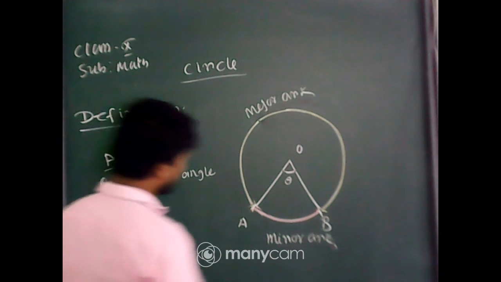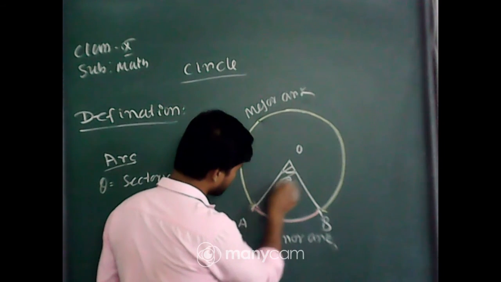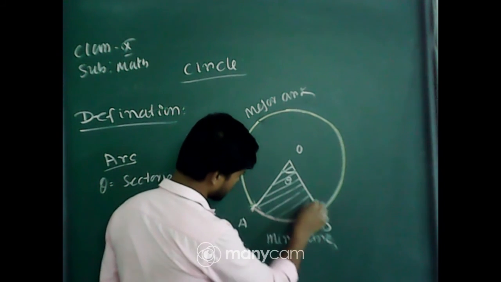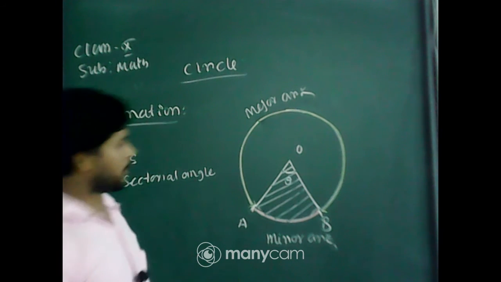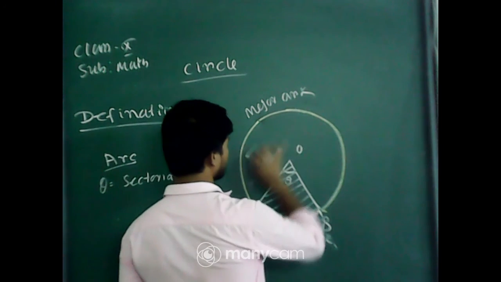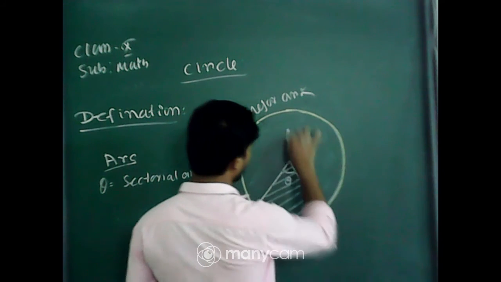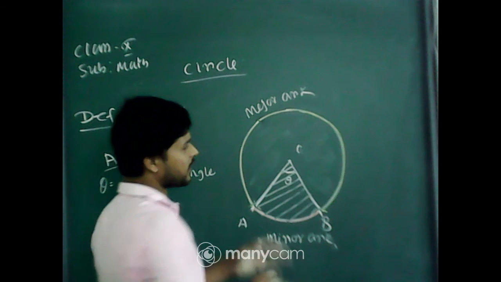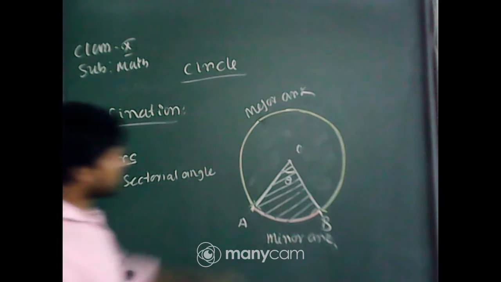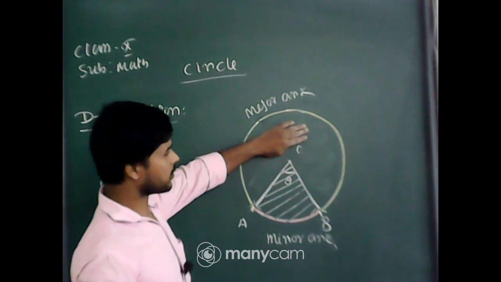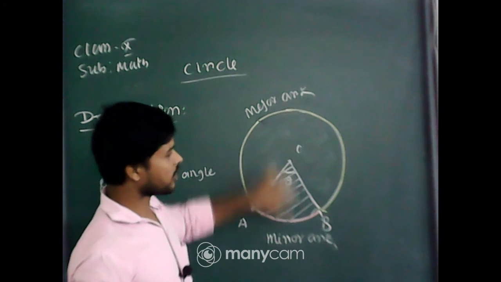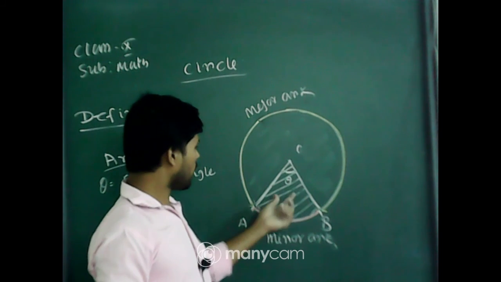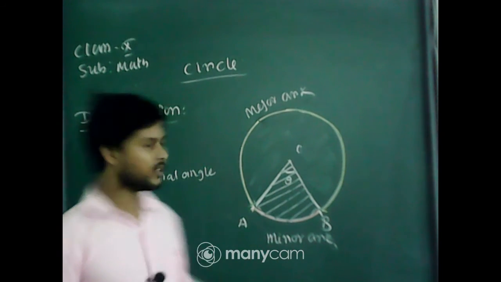Now tell me what this part is called. This portion, and the unshaded part here. If I join the center of the circle to the ends of the arc, the total area of the circle is divided into two parts. These two parts are called sectors. Out of these sectors, the area of one part is smaller than the other.